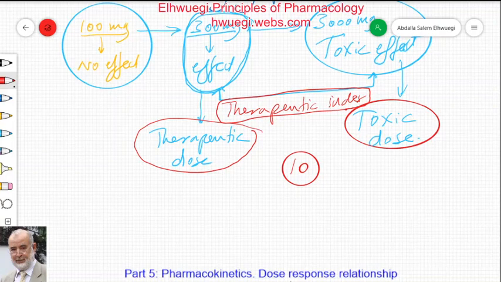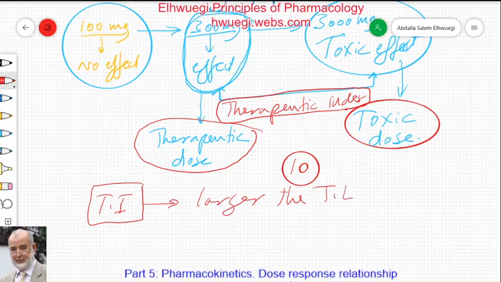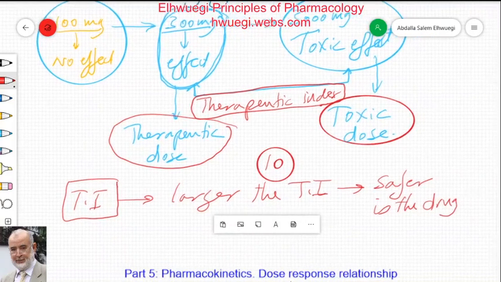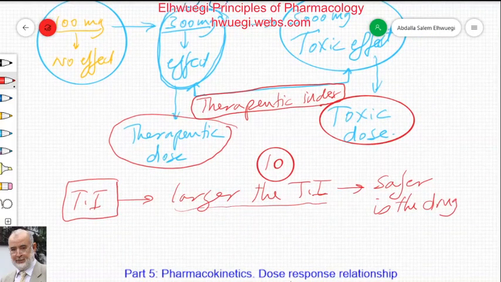So, what's the use of therapeutic index? The larger the therapeutic index, the safer is the drug. And vice versa. Why the larger the therapeutic index, the safer is the drug? Because we have to take several times the therapeutic dose to produce the toxic effect.